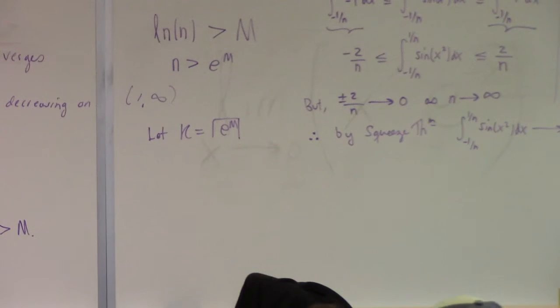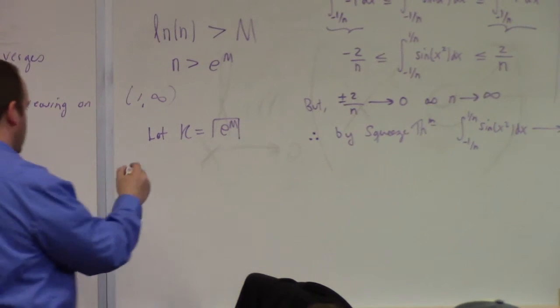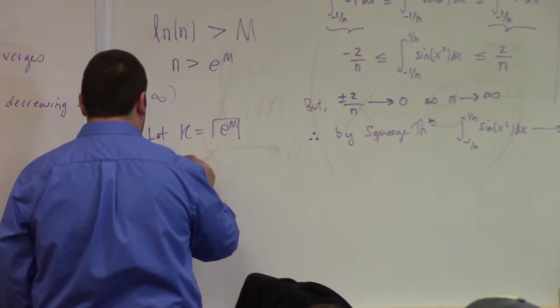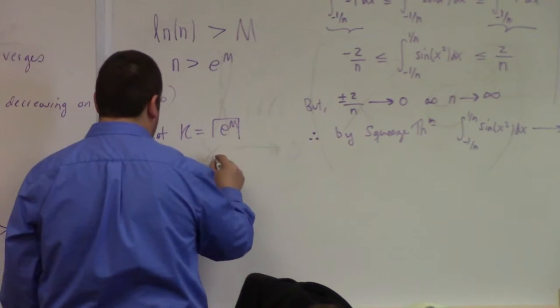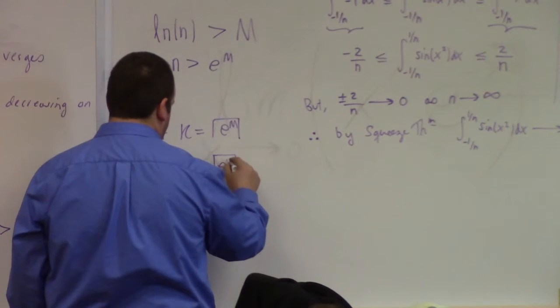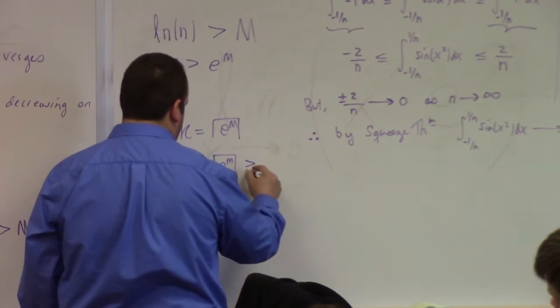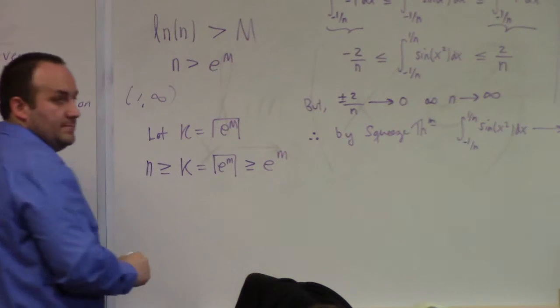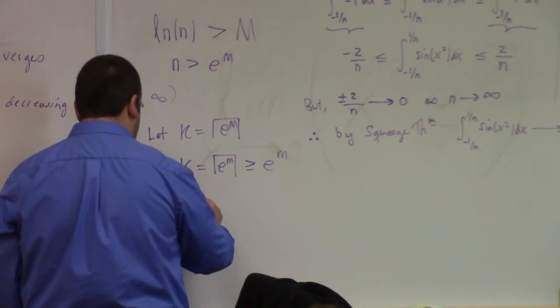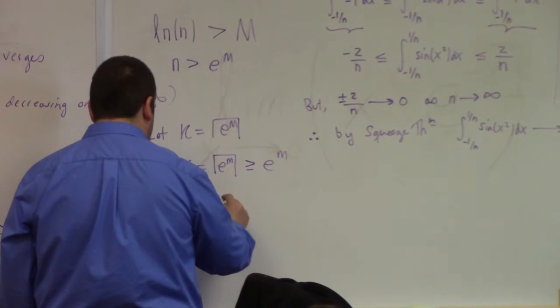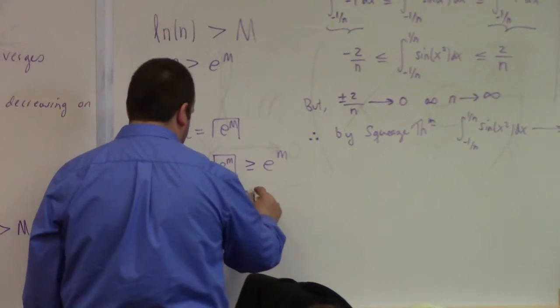If you take n greater than or equal to k, equal to the ceiling of e to the m, then n is greater than or equal to e to the m. But log is increasing, so we have the natural log of n is greater than or equal to the natural log of e to the m, which is m.